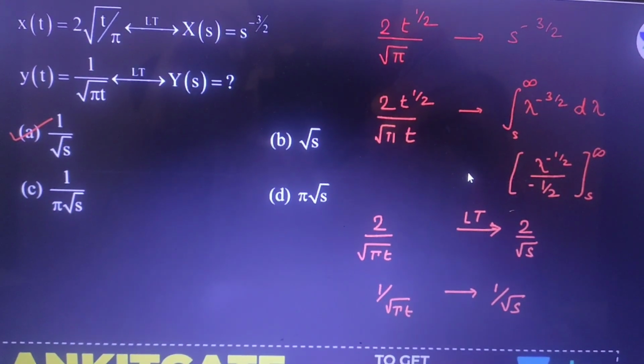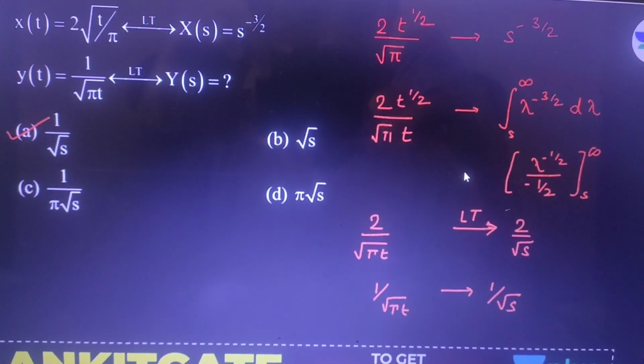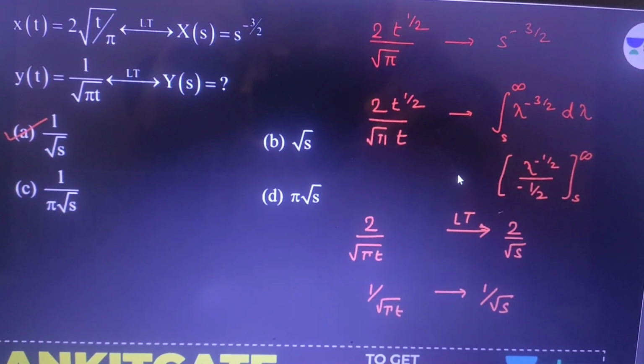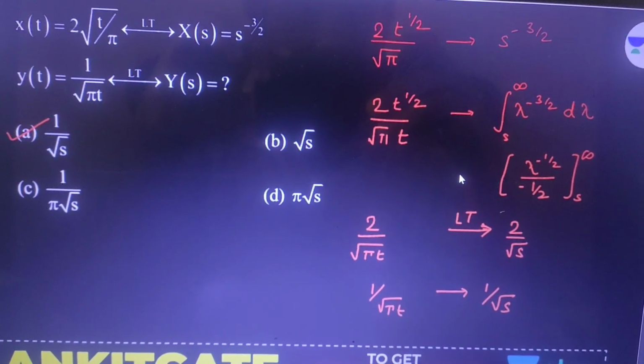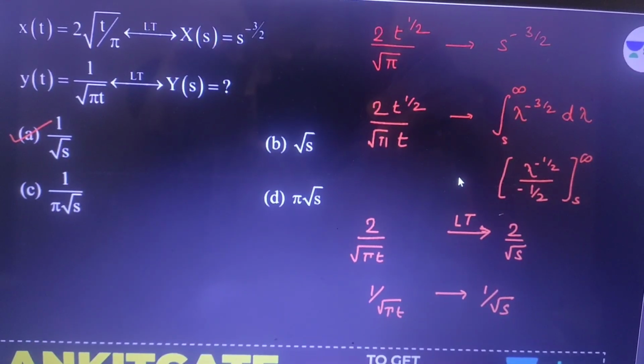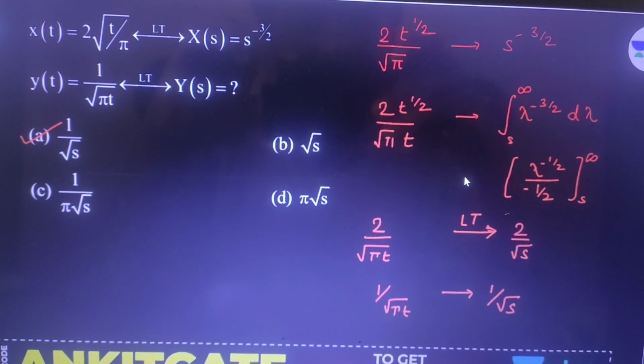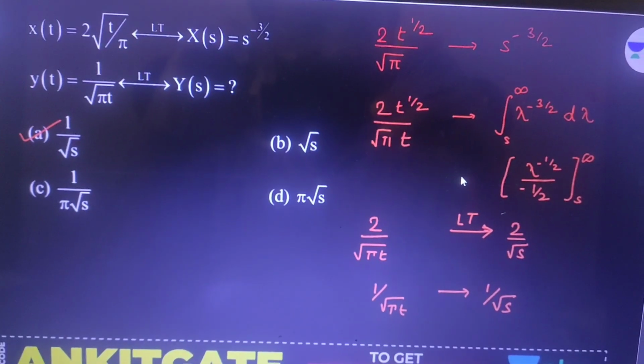Here he has written 2 t power 1 by 2 by root pi t, that is 1 by t represents integration from s to infinity, and s is replaced by lambda power minus 3 by 2.